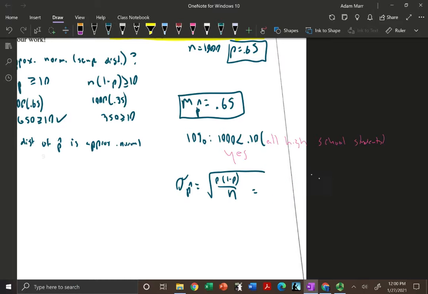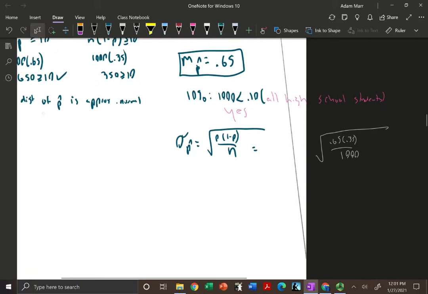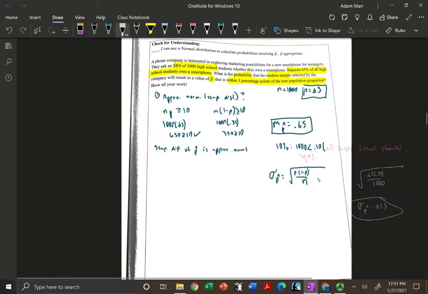Hang on a second. Let me do this over here so you can see this better. All right, when we calculate that, it ends up being 0.015. Okay, no problem.